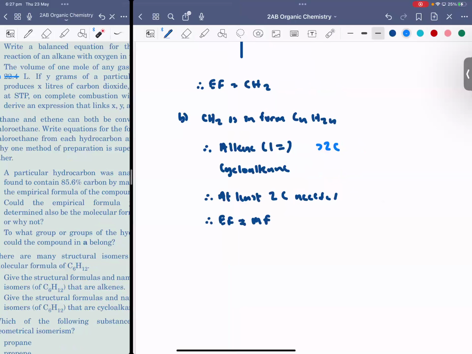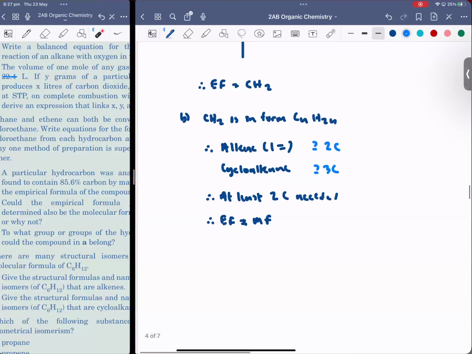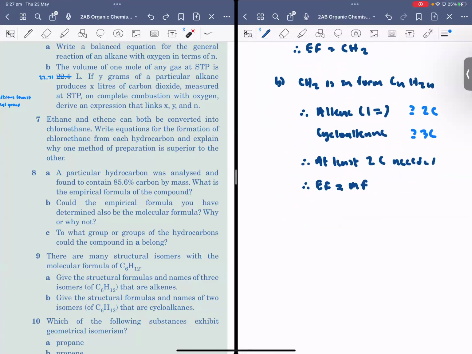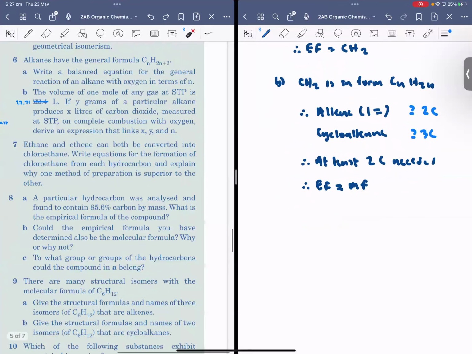To get the double bond between them, and cyclic need at least 3 carbons to get the cycle between them. That's a nice question. Next. All right, so guys, to what group could the compounds belong? We just discussed it. What 2 groups? Alkene or cycloalkane. I can't be bothered writing that again.